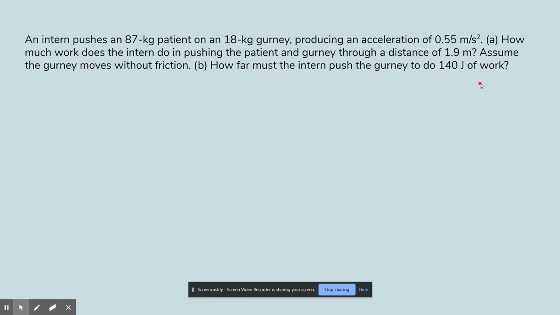So we can also assume here that the force that this intern is using to push the patient is probably constant. So we're just going to use the simple formula work equals force multiplied by the distance or the displacement. Well, this should be fairly easy. I don't even think we need to draw a picture here, though you might.